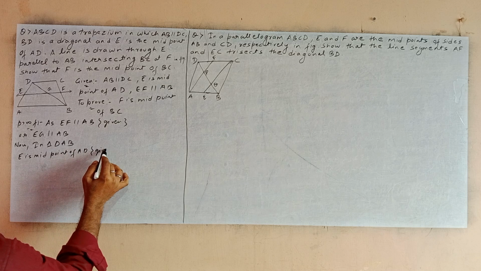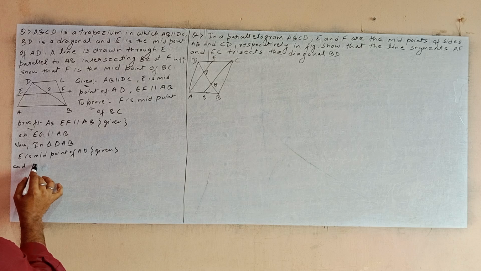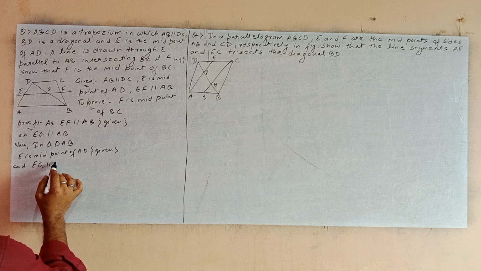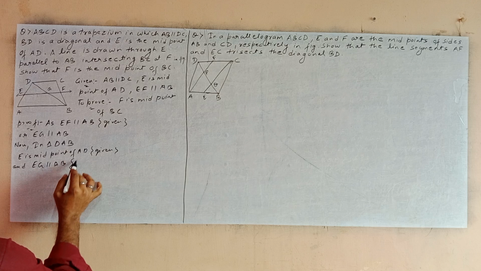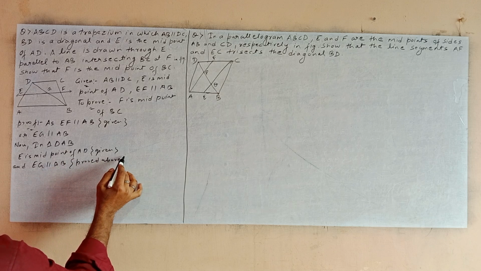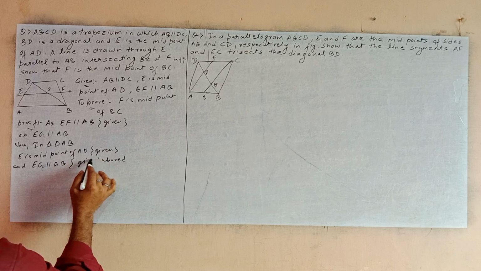Why? It is given. Second thing, EG is parallel to AB, given above.